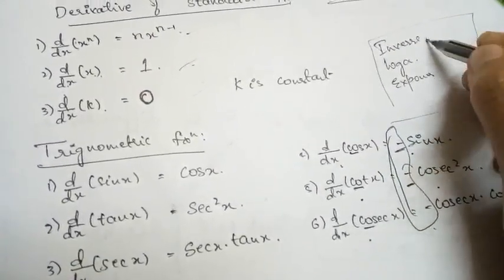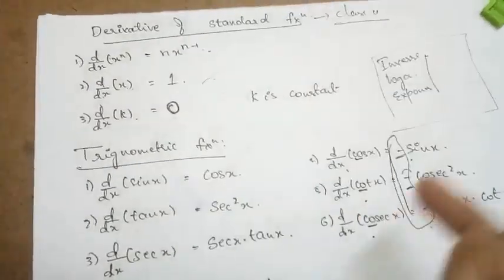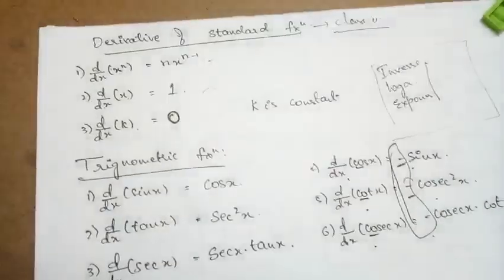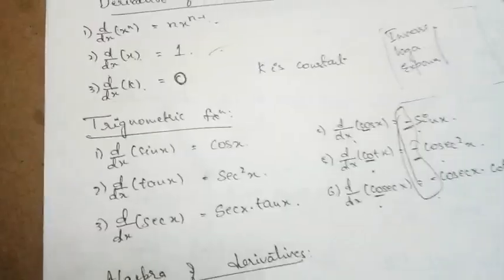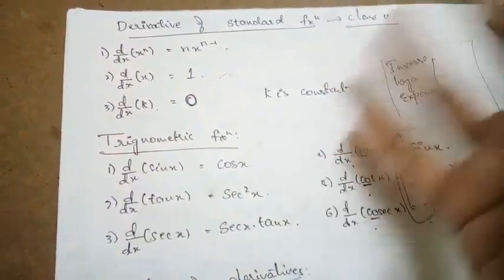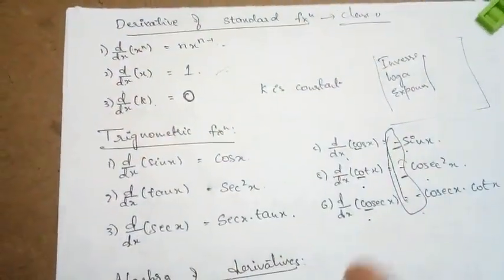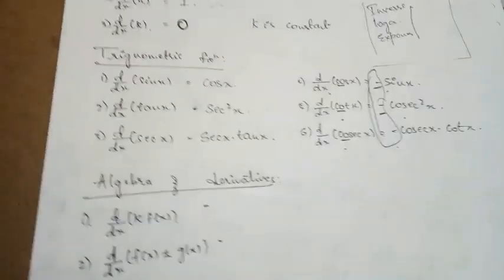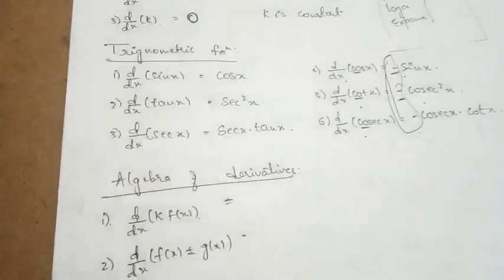You should remember the differentiation of all those functions also. So make a chart or table of all these derivatives of trigonometric functions and standard functions in front of your table.